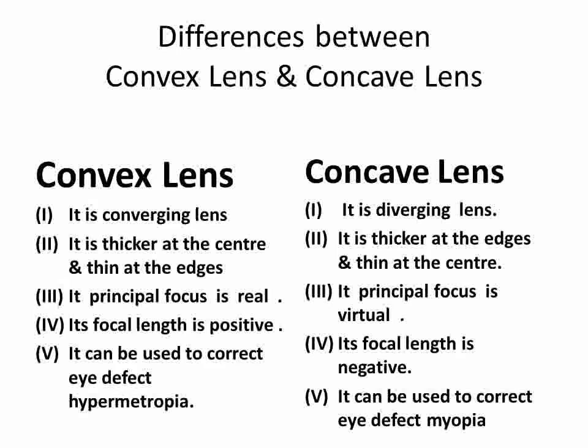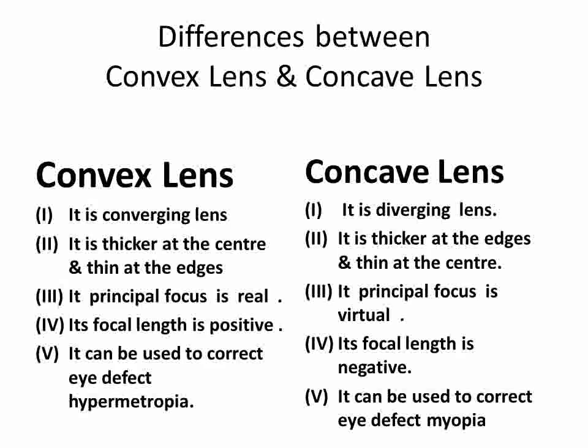Point number 3, convex lens, its principal focus is real. Principal focus is F2. If rays are coming from infinity, after passing through a lens they meet really in case of convex lens, and that point is F2.